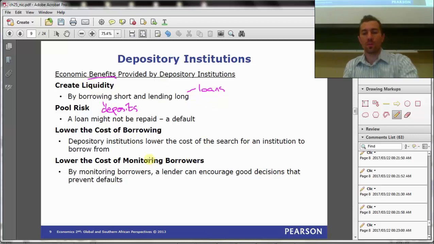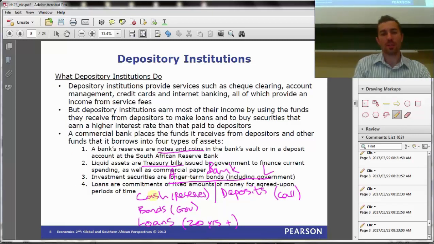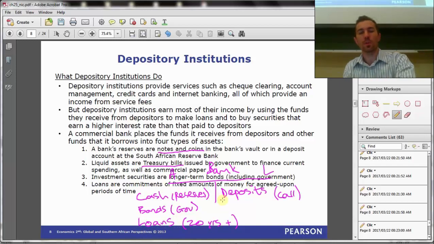Of course, in this bank's balance sheet, these loans tend to be lots and lots of different types of loans from lots and lots of different types of people, which means if you're holding a deposit over here, if any one of these loans defaults, that's not a big problem to you because the other loans are hopefully not defaulting, right?